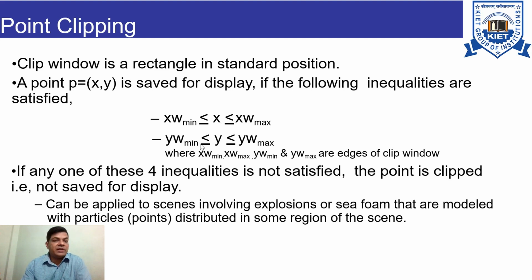Third is the value of y is greater than equals to yw minimum, and the value of y is less than equals to yw maximum. So we are having four inequalities, and if any of these inequalities are not satisfied, that means the point is going to be clipped, and if the point is going to be clipped, that means the point will not be saved for display.